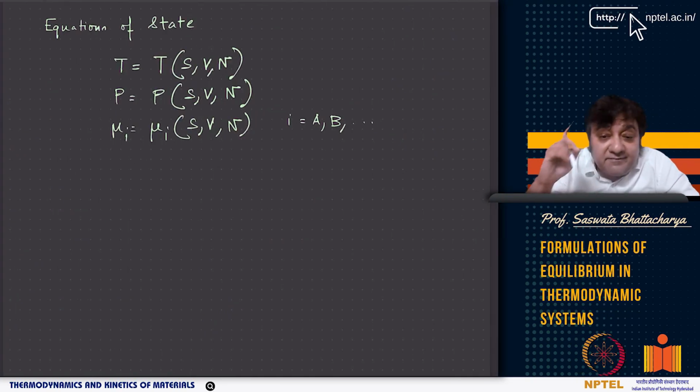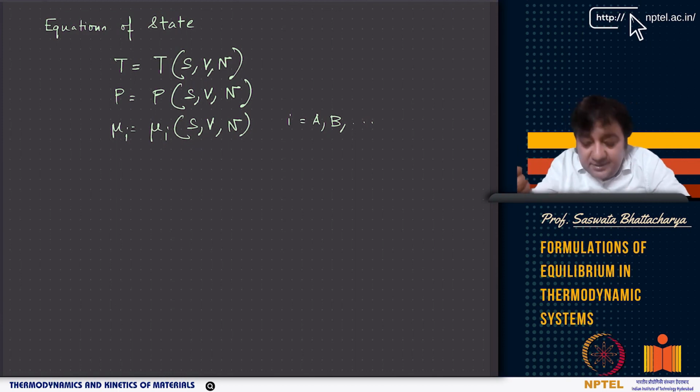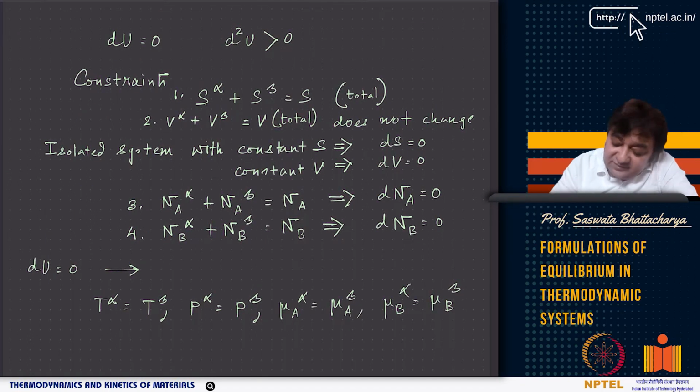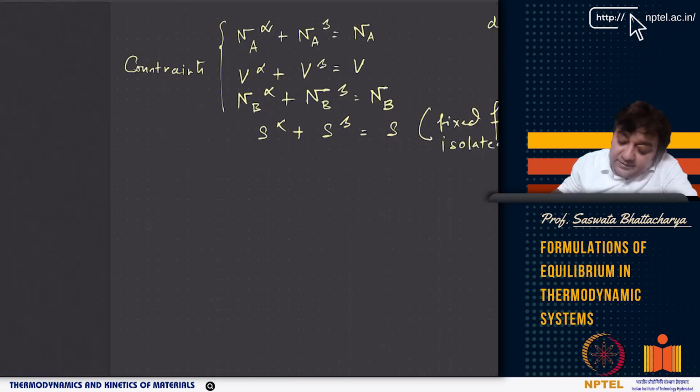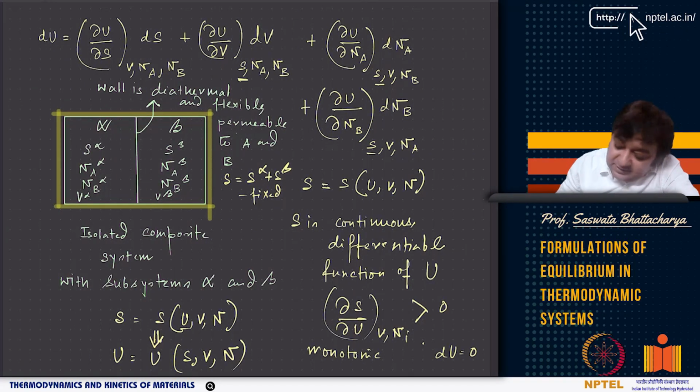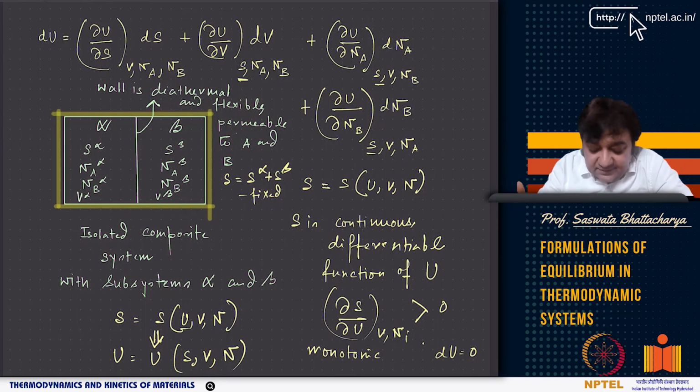Another very important thing I have mentioned already: when I look at the coefficients, del U del S is nothing but temperature. Del U del V is nothing but minus P, pressure. Del U del Na is mu A, and del U del Nb is mu B.